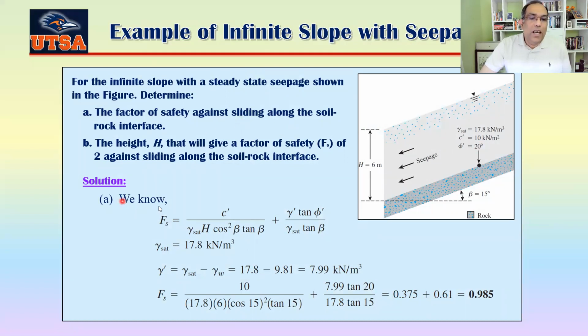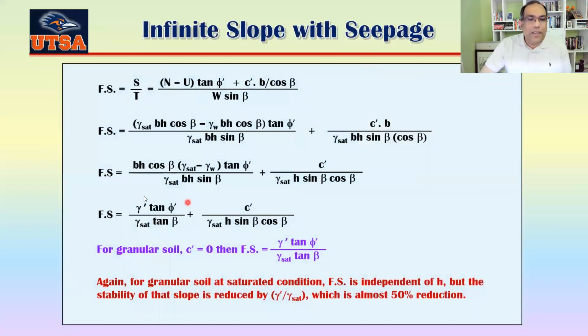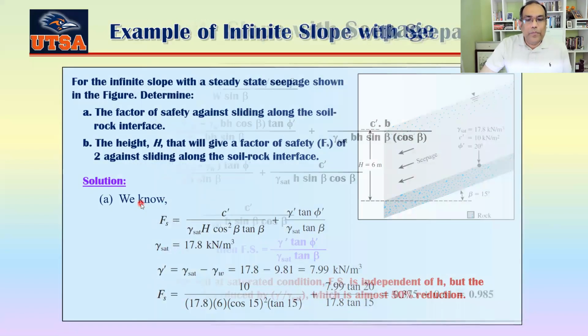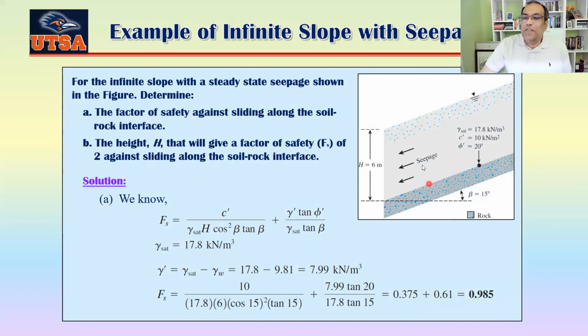Now we already know that the factor of safety in this situation is the same equation we derived here. The only difference is that this one is capital H, and we derived that one based on lowercase h. Otherwise, this is the same equation. So your C prime is given, which is 10 kilonewton per meter square.